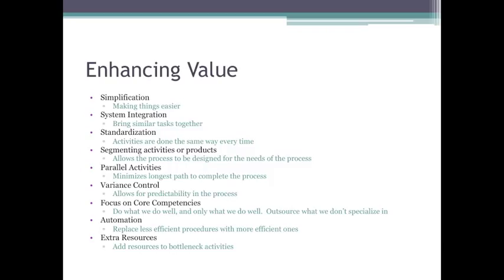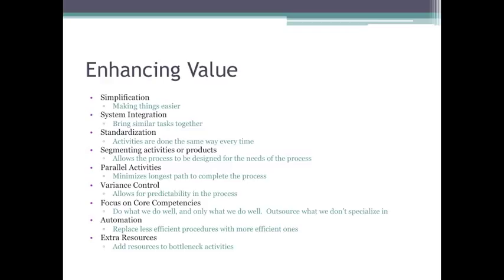Now, if the goal is to enhance the value that gets to the customer, we have a number of tools that are available. Some of these we've already talked about in one form or another, in particular in week 2. Some of them, well, we haven't talked about. For instance, simplification. The easier something is to do, chances are the better that somebody's going to do it. System integration.